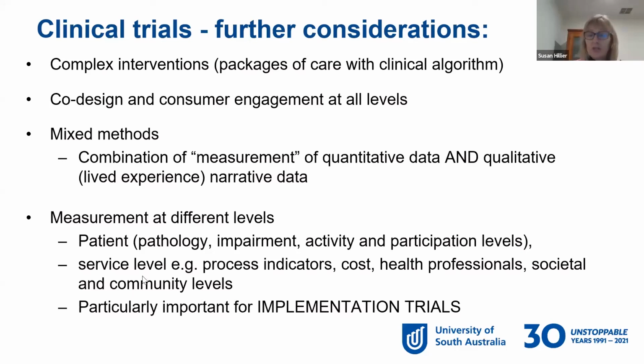We may also be measuring at the service level, so process indicators of the way the service was provided, its cost, the experience of health professionals in delivering, or at societal and community levels. And these measurements are particularly important for implementation trials, where we need to include all stakeholders to chart the progress of the implementation of a particular rehabilitation strategy.